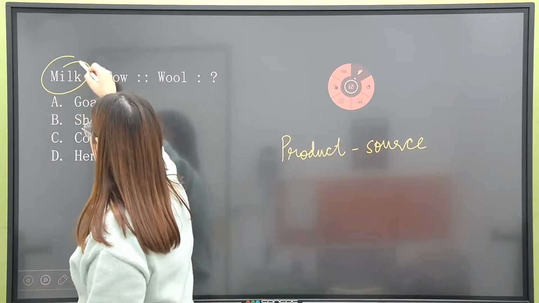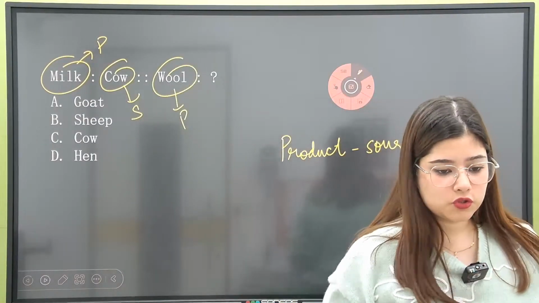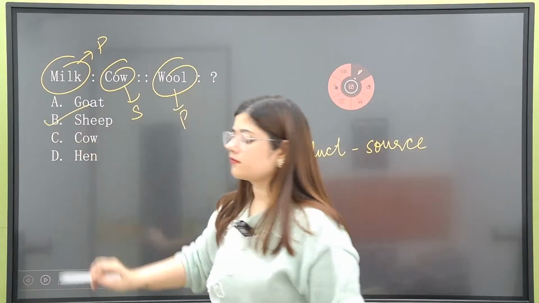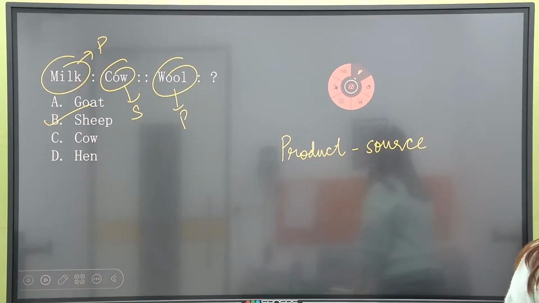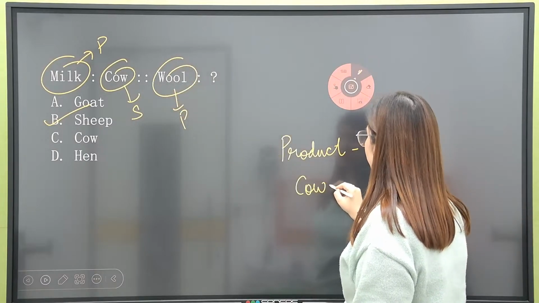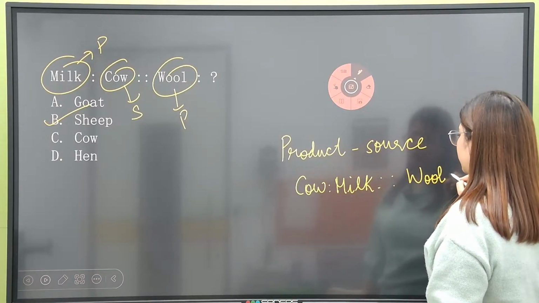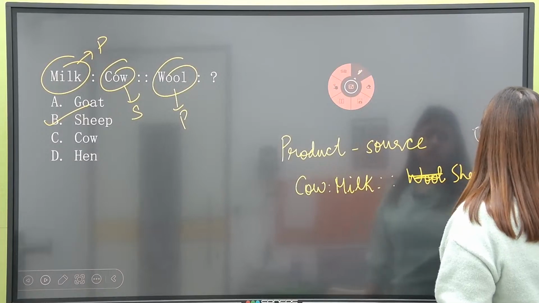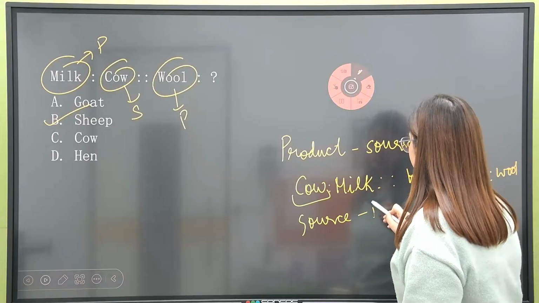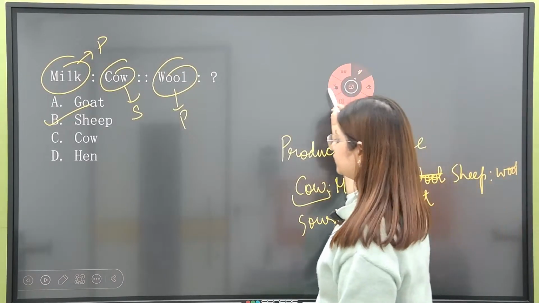Milk is the product, cow is the source, wool is the product, the source would be sheep. If I reverse the sentence, cow is to milk, such as sheep is to wool, then we have a source to product relationship.